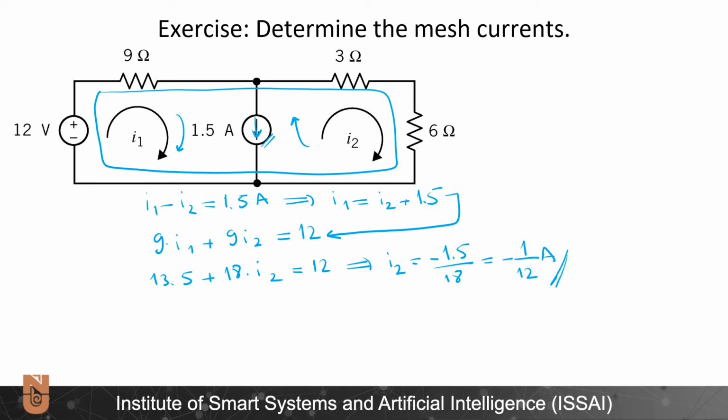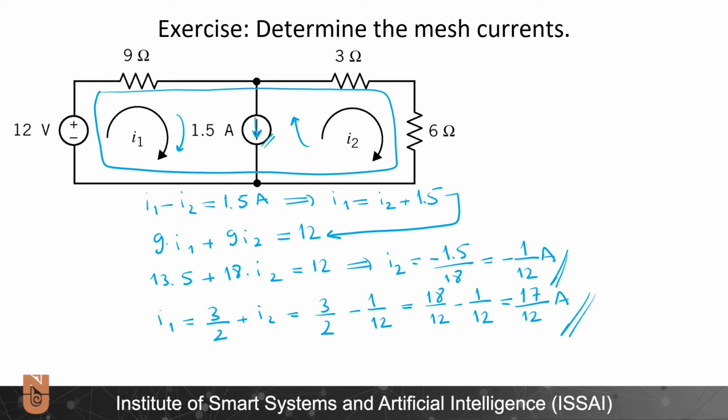And once I have I2, I can calculate I1 as 3 over 2 plus I2, which is equal to 3 over 2 plus minus 1 over 12. So which will be equal to 18 over 12 minus 1 over 12, and accordingly it will be 17 over 12 amperes. So I have right now both I1 and I2. These are all the mesh currents in the circuit. Therefore, I can conclude my circuit analysis.